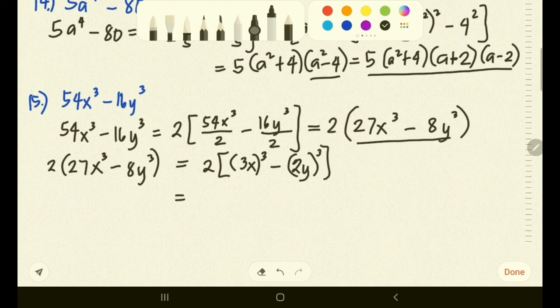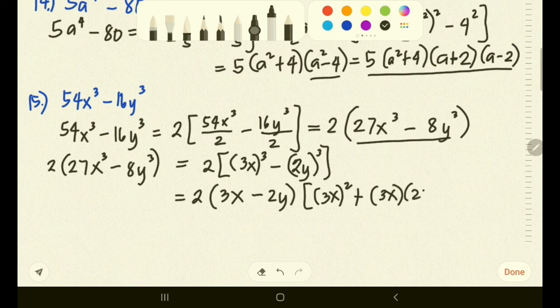And then get their binomial factor, which would be 3x base for first term minus 2y base for second term, and then get their trinomial factor, which is the square of 3x plus, multiply the two terms of the binomial factor, 3x times 2y, plus square of 2y.